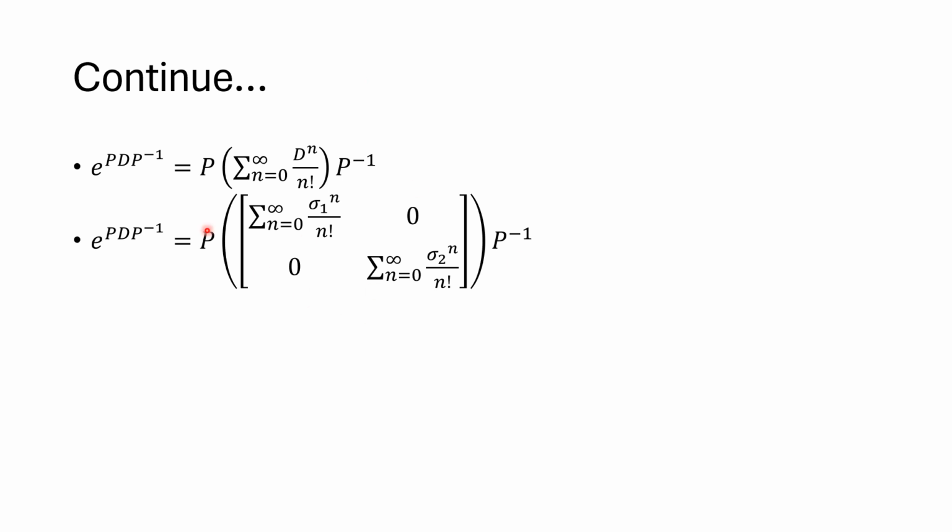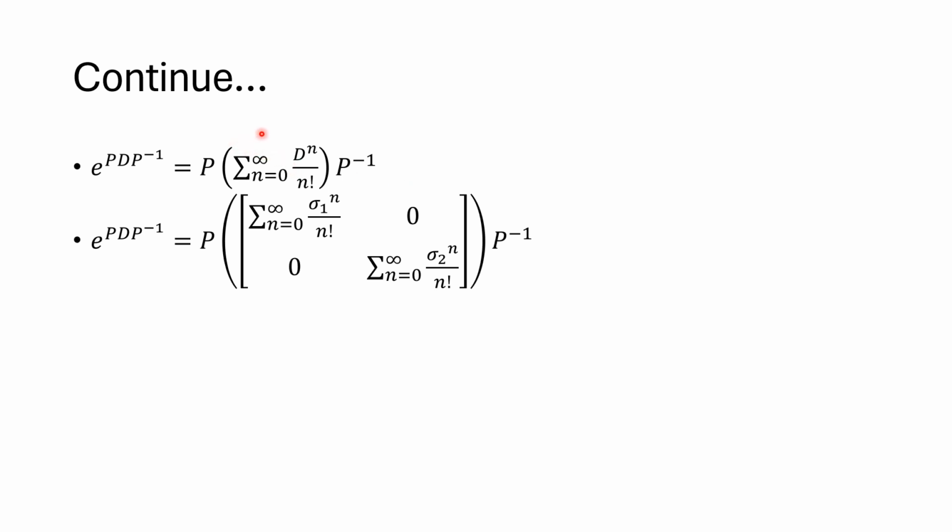So this matrix right here is just the matrix D, and D contains the eigenvalues of A. So sigma 1 right here and sigma 2 right here are the eigenvalues of the matrix A.